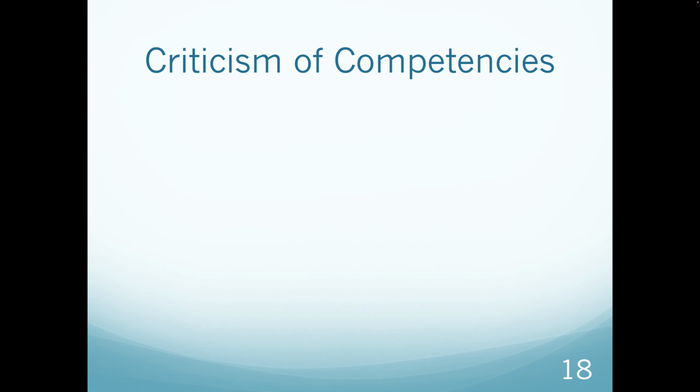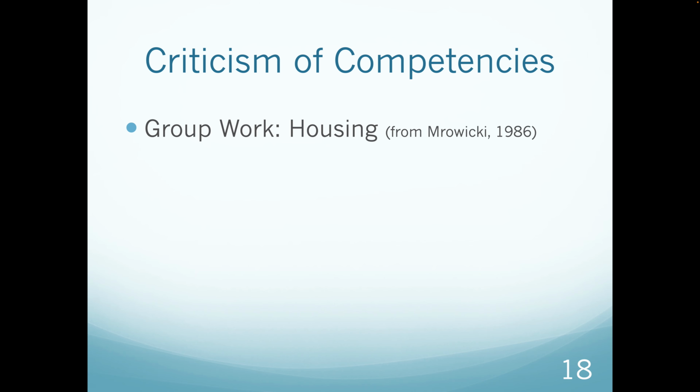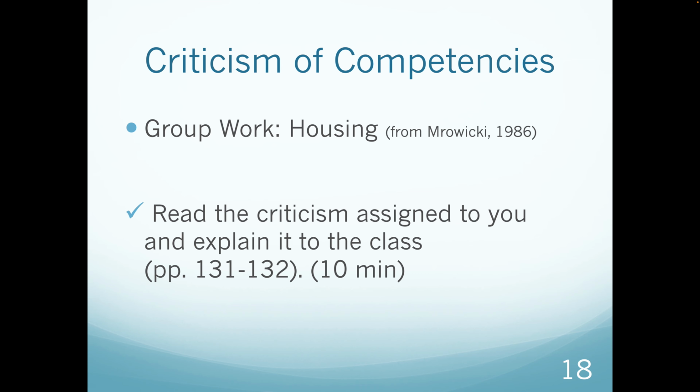Now, of course, in addition to the criticisms that were vocalized for objectives, there will also be criticisms of competencies. There's no model that is perfect, we know that. So the group work is one of the issues identified for housing, for instance, which is not really convenient to do.